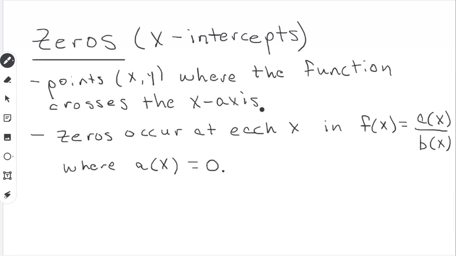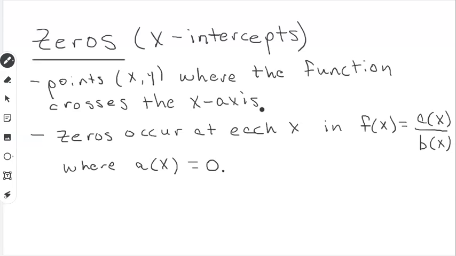So what we're going to be doing is taking our rational function, taking the numerator, which is a of x, the top of the fraction, and setting it equal to 0. So for the zeros, you want to set the top equal to 0.